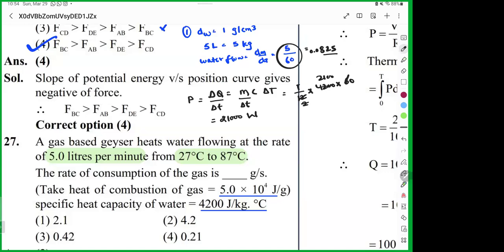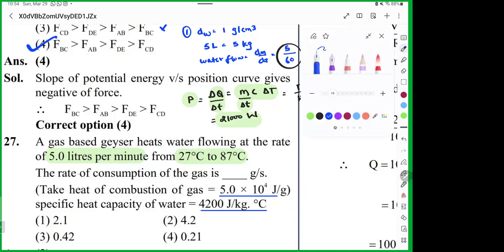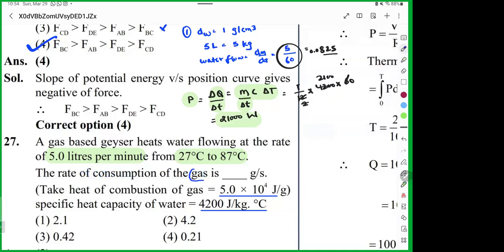All of you got this point, guys? Like all of you solved this part. The power is equal to dQ by dt. We know Q is equal to mc delta T, and if you divide by time, you can calculate power. Energy by time is power. So if you put in the values, it is 21,000 watt. But we have to calculate the rate of consumption of gas. How much gas is utilized per unit time? Rate of consumption.